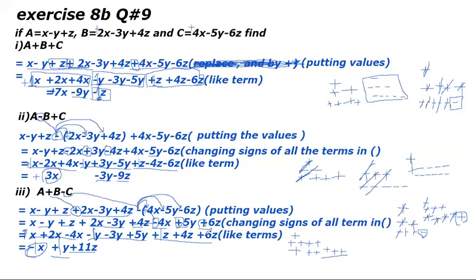Total, add all these positive signs and it will give you 11. These are 11 positive signs. So 11 positive signs, and z means we were doing these three like terms whose variable is z. So positive 11z. I hope you have understood it. It was also a very easy question.